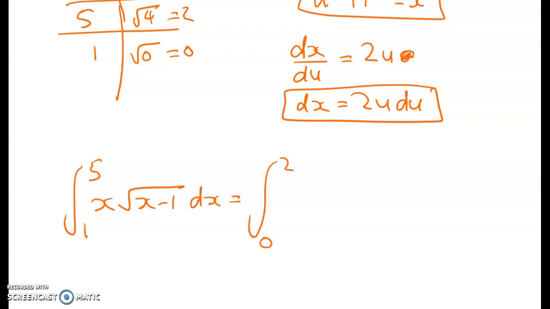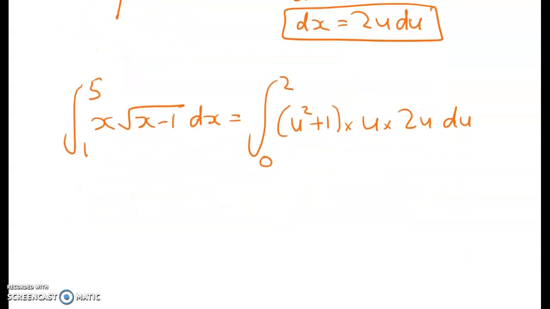So it doesn't go from 4 to 0, it goes from 2 to 0. The x becomes this thing here. And you can see that we've got no square roots left in here, so that's nice. So we've got 2u to the power of 4 plus 2u squared du.